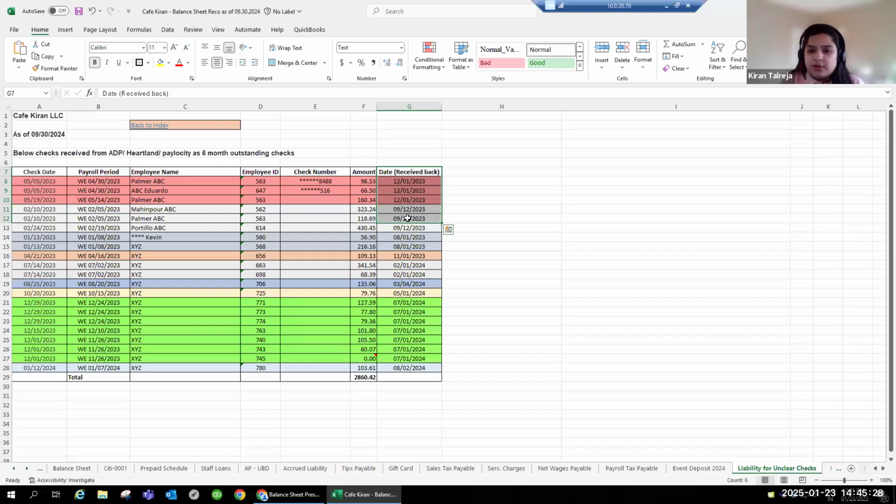If we are still not able to get hold of them, or if we do not have the correct email ID or address on file, this entire detail needs to be filed with New York State or DC State, or check for the state that you operate in. It needs to be filed with the government, and then if they reach out anytime later, even after 3 years, they can reach the government and the government can pay them this money if they realize someday that they were missing a check.